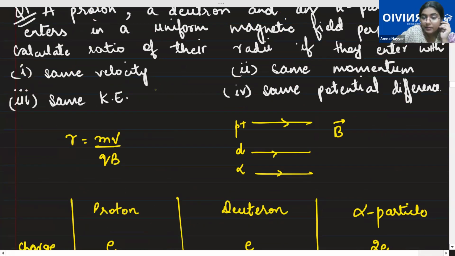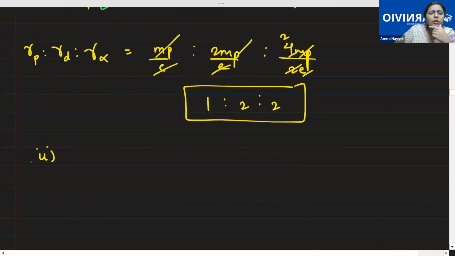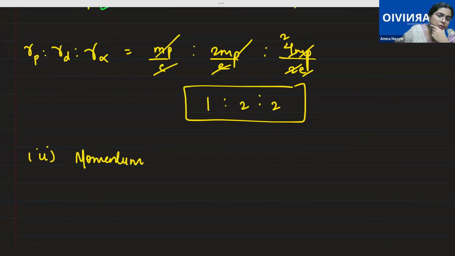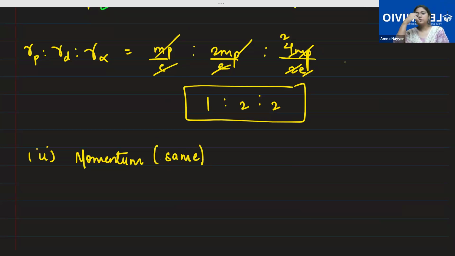The second part says same momentum. For the same momentum, by the way, what's the formula for momentum? Momentum is mass into velocity.